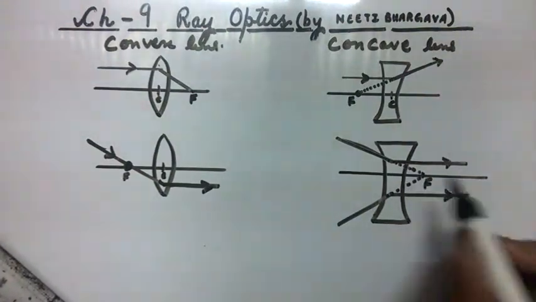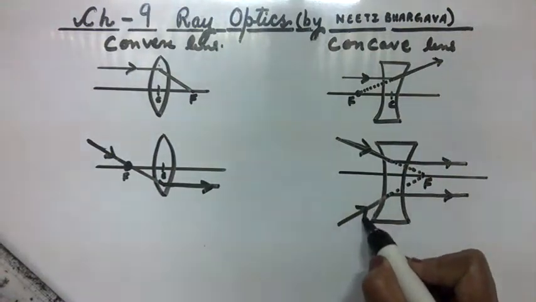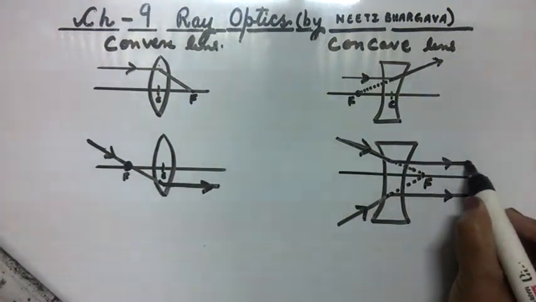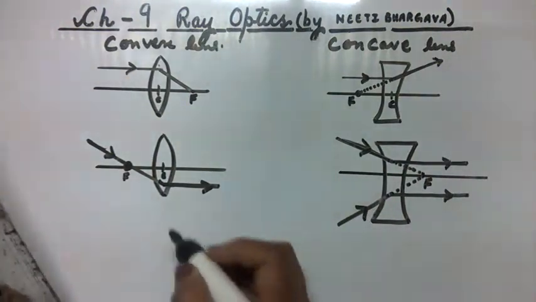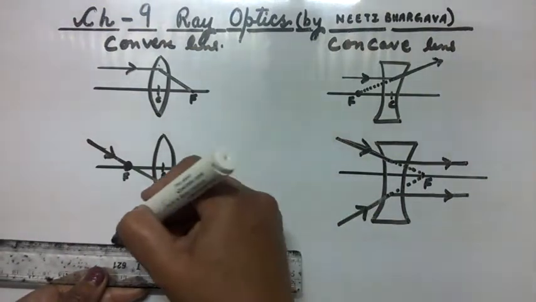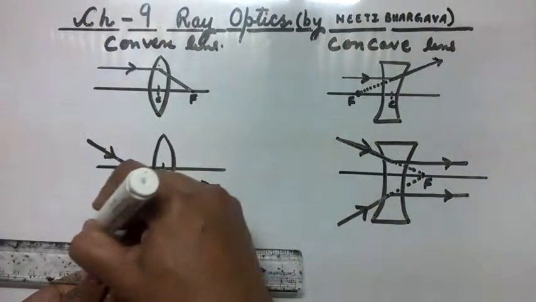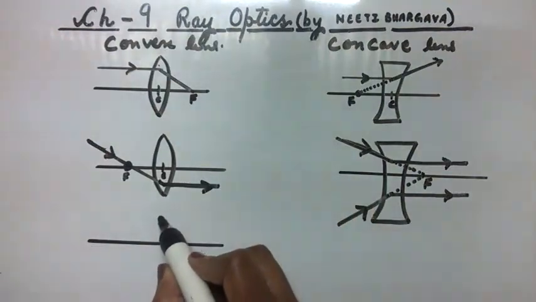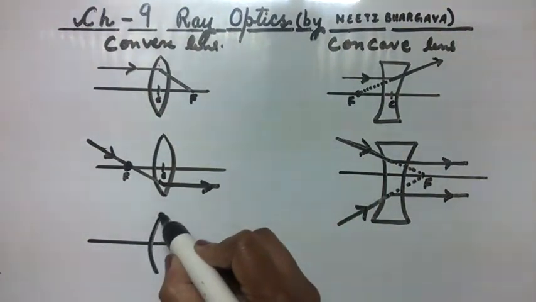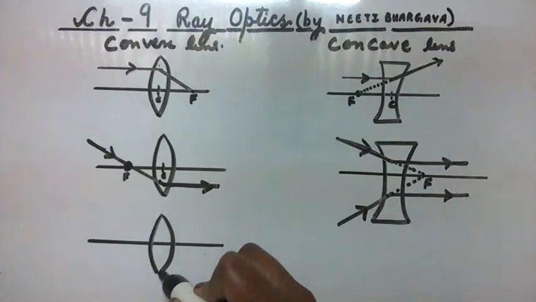This is the focus, incident ray, refracted ray. And the third case also we know, the ray, if passing through the optical center, will remain undeviated after refraction.